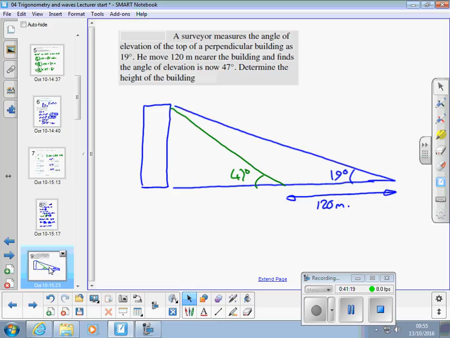Does anyone see how to do that? Yeah, you can minus. What angle would that give me, Caleb? That'd be that one. Yeah. We haven't done non-right angle triangles yet, so what could we do here?